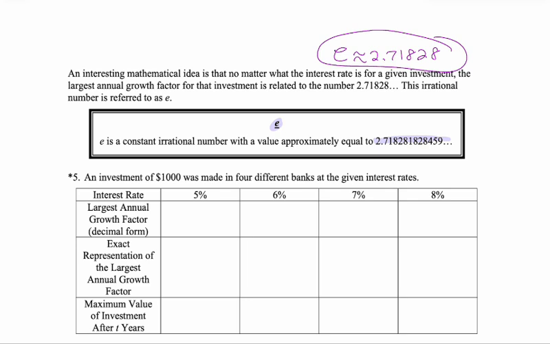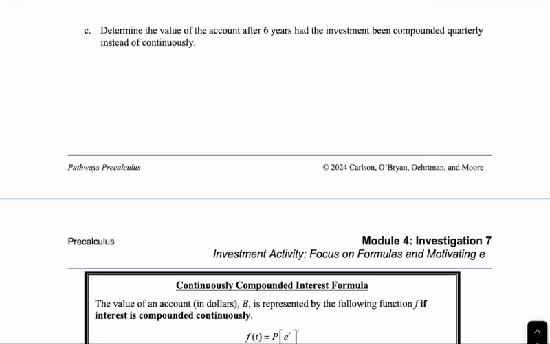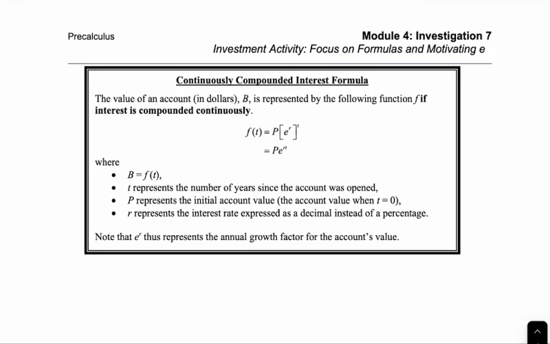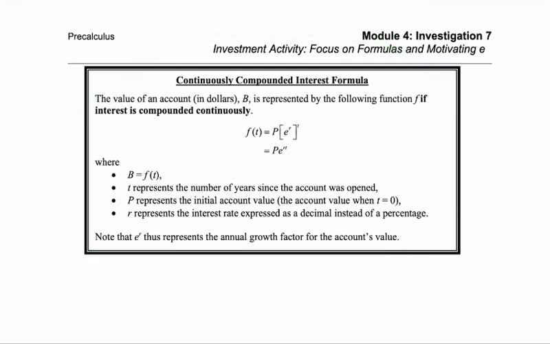So again, this is the 4-7 investigation. Highlight the fact that that E is that 2.71828 value, okay? And then if you could please scroll a little bit more. And I want you to get to this formula right here. And I want you to highlight, please, for me, the word continuously compounding.